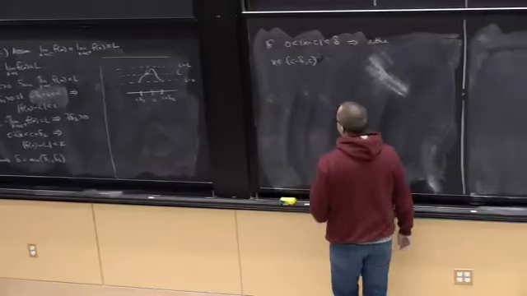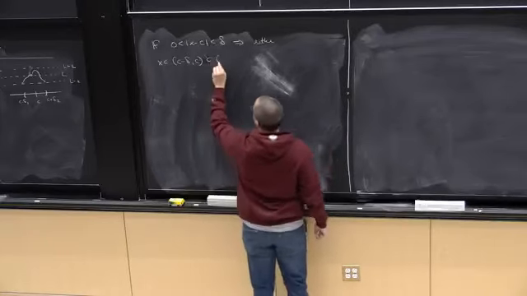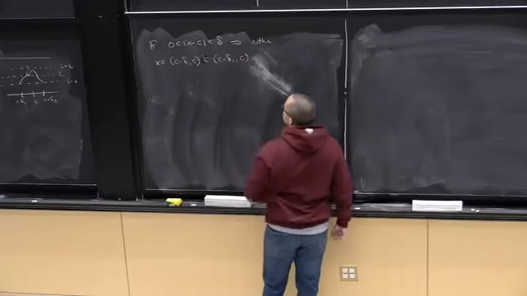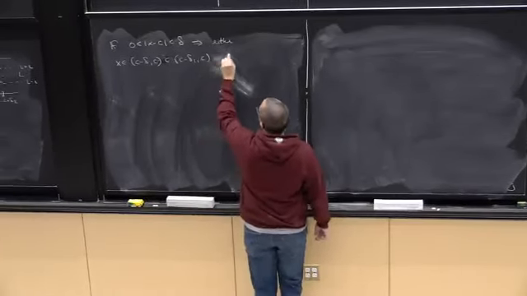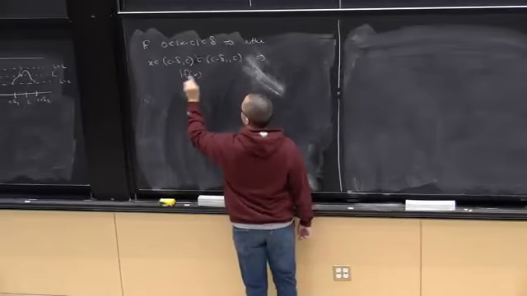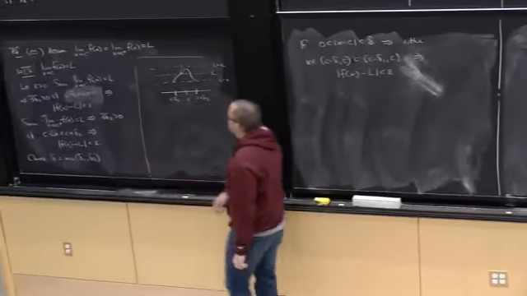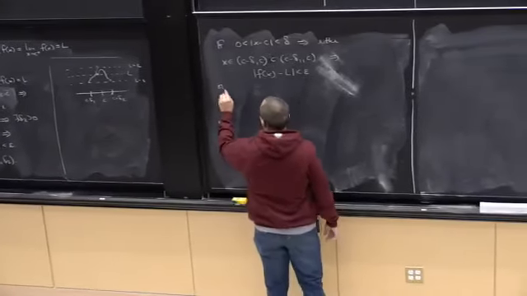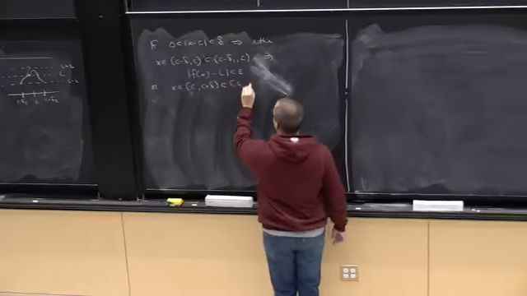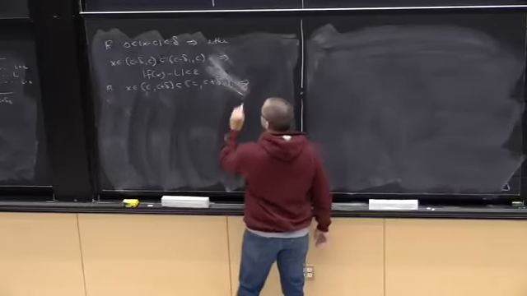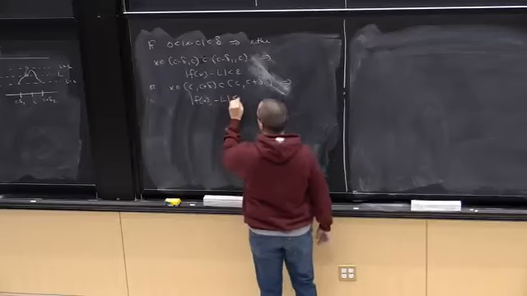Then two cases: either x is in C minus delta, C, which is a subset of C minus delta 1, C, since delta is the minimum of those two deltas, which implies by the first inequality for delta 1 that we get the result, or x is in C, C plus delta, which is a subset of C, C plus delta 2, which by our choice of delta 2 gives us that.